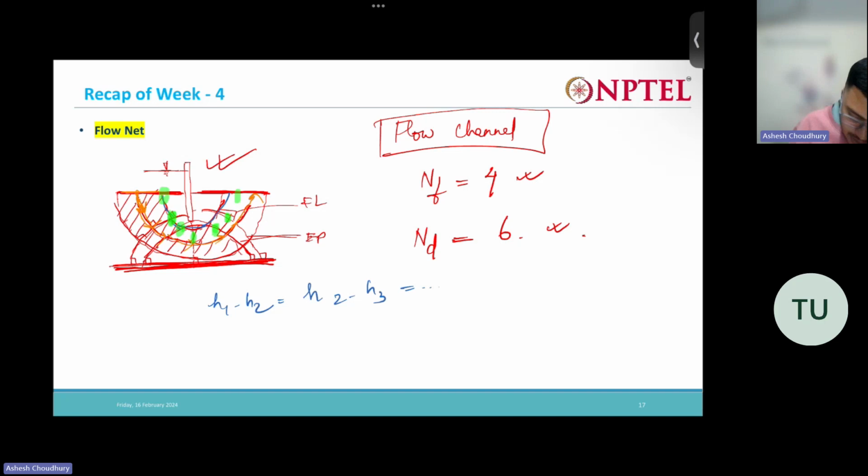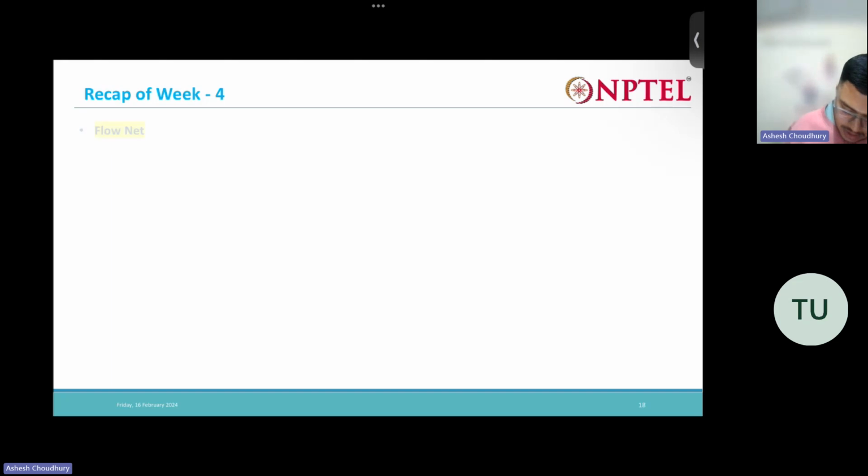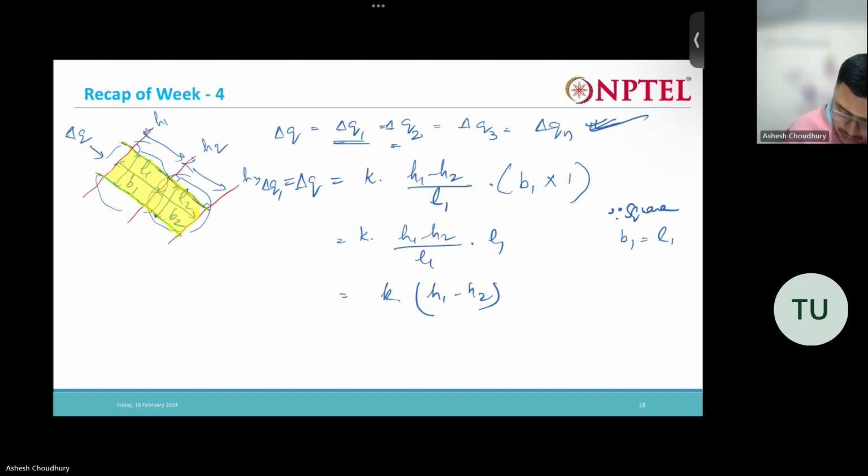All these head drops we can equate to H by ND, where H is nothing but the total amount of head that is dropping from the entry to the exit part. So this we can write as K into H by ND.